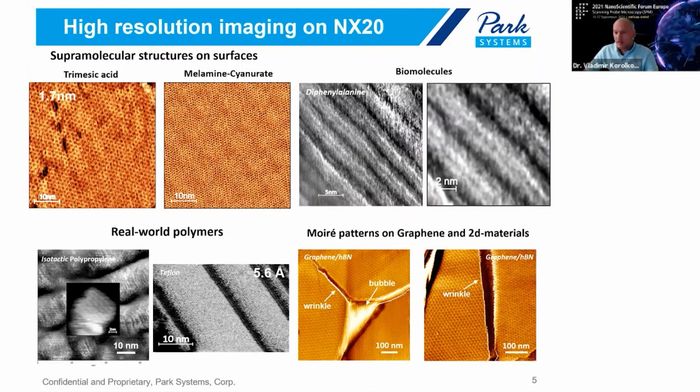And the same thing goes for biomolecules, where you can resolve molecular structure on complex bioinspired peptide nanotubes, for instance, made of the molecule diphenylalanine. So it's a really versatile technique that can be applied to a variety of different samples, and you can get angstrom type resolution in different environments.